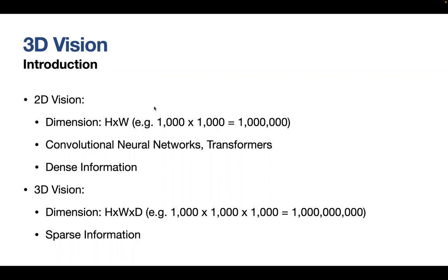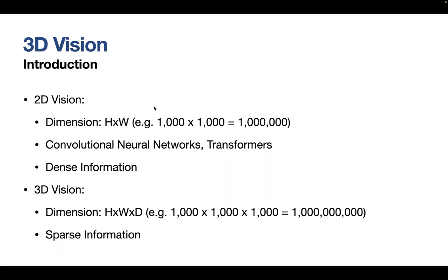The advantage of images in 2D is that there is very dense information. In an image, every pixel brings a value. Even if it's background, we know that it's background, so we have very dense information.